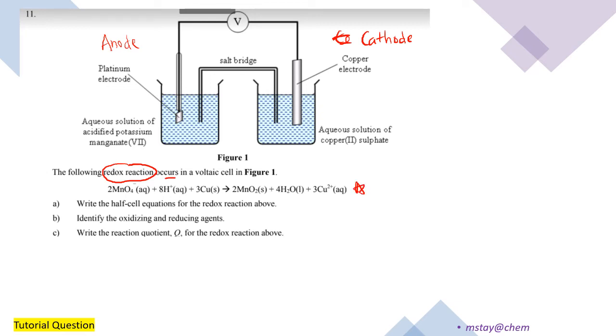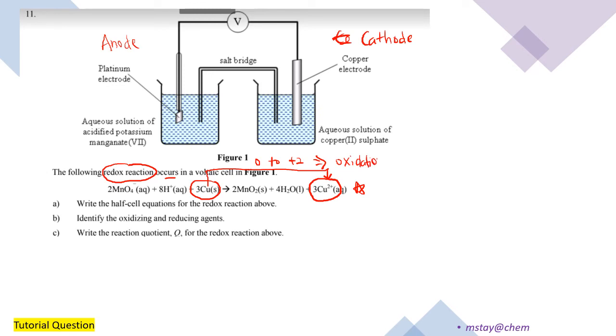From here we can see that copper turns to copper 2 plus. We notice that the oxidation number goes from 0 to positive 2, and once the oxidation number increases, this is an oxidation process.